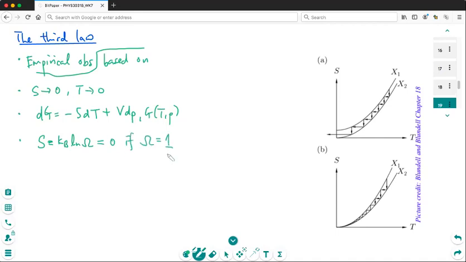For a very big chunk of the course, we are going to learn how to deal with this omega. Looking at these two diagrams here, you should relate this to the adiabatic demagnetization I mentioned earlier. I told you, you must have this situation. This is a good situation, and this situation will give you some trouble.